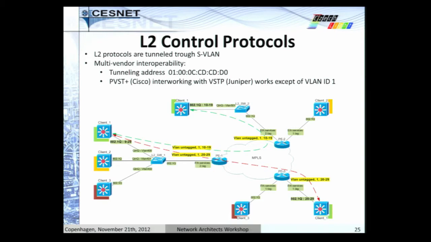We found one issue: Cisco tunnels protocols by default with its own tunneling MAC address, and other vendors have different default MAC addresses, but often you can edit what MAC address will be used for tunneling, so it can be modified for interoperability with Cisco.